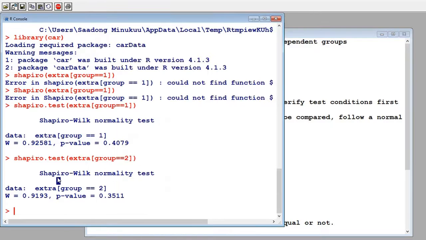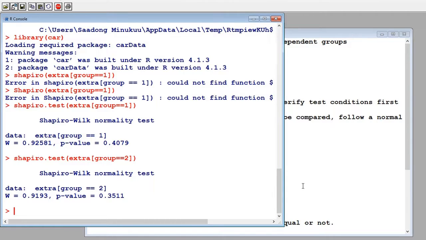That gives us a p-value for group 2, the distribution of the extra hours of sleep within the group of people that took soporific drug 2. It gives us a p-value of 0.3, which is also greater than 0.05, which suggests that we cannot reject our null hypothesis.